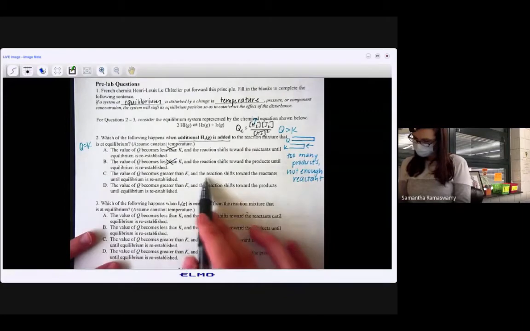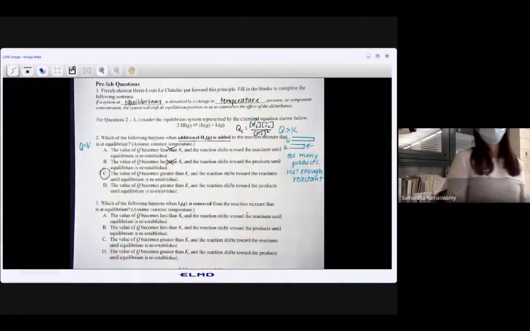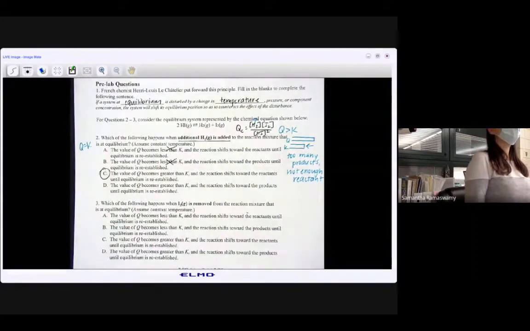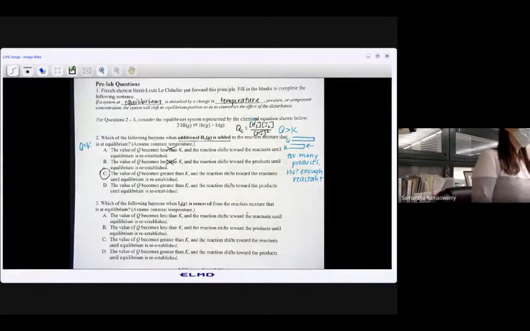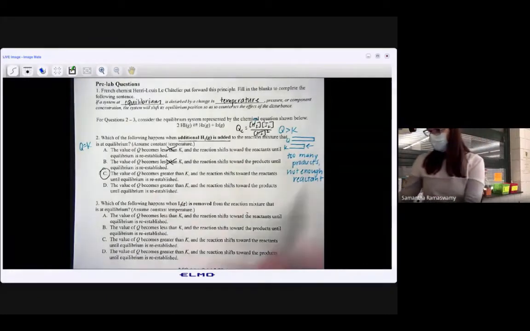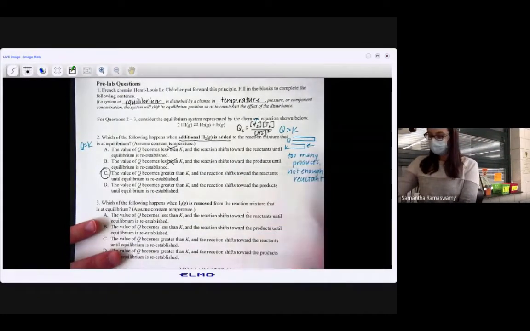So we want C: Q is greater than K, the reaction shifts toward the reactants. D is not a correct statement because if Q is greater than K, the reaction will always go from products to reactants. We need to bring Q back down.